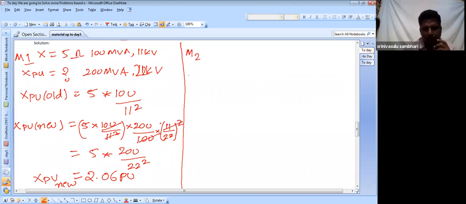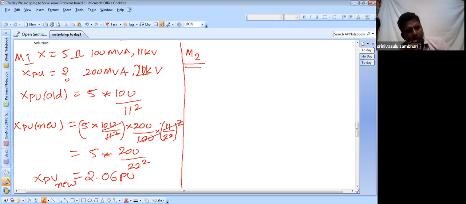The second method is a shortcut. If you know the actual value, I can directly find the per unit reactance for any base values. Just as with actual marks, you can easily convert to a percentage out of 50 or out of 100.